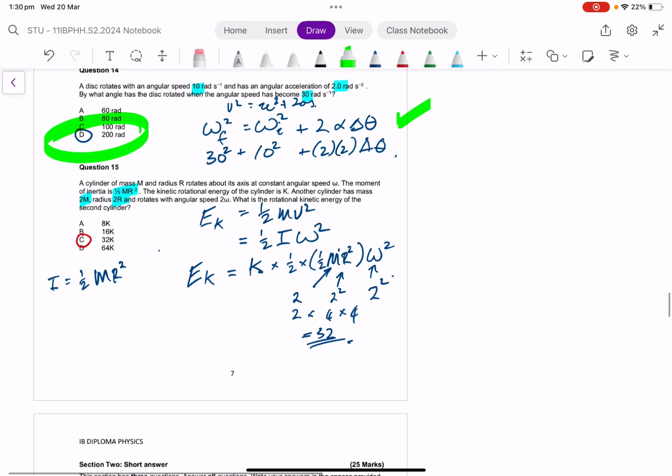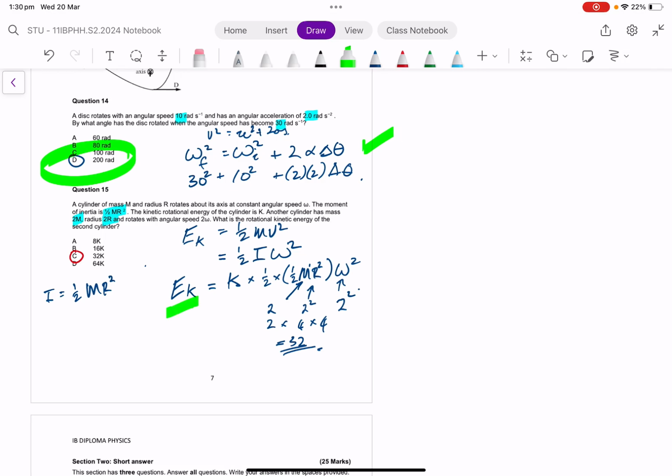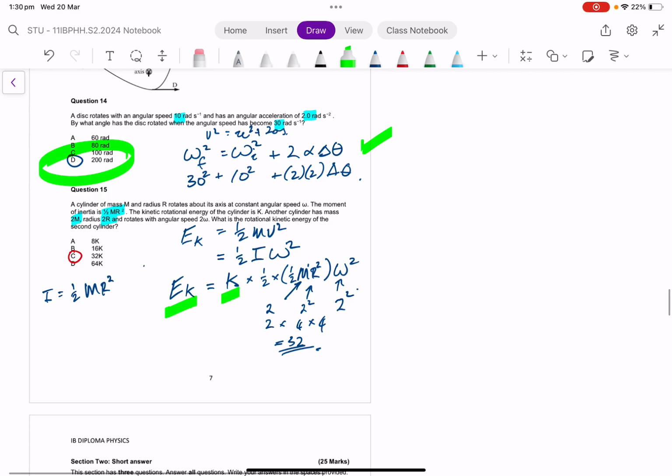Okay, now I guess what I wanted to do here is let's just get that equation out. So the new kinetic energy is K times the old kinetic energy, which has been scaled up. Now, can you see that? What's happened here? We're saying the mass has gone up by 2, so it's going to double because of the mass, right? R has doubled.